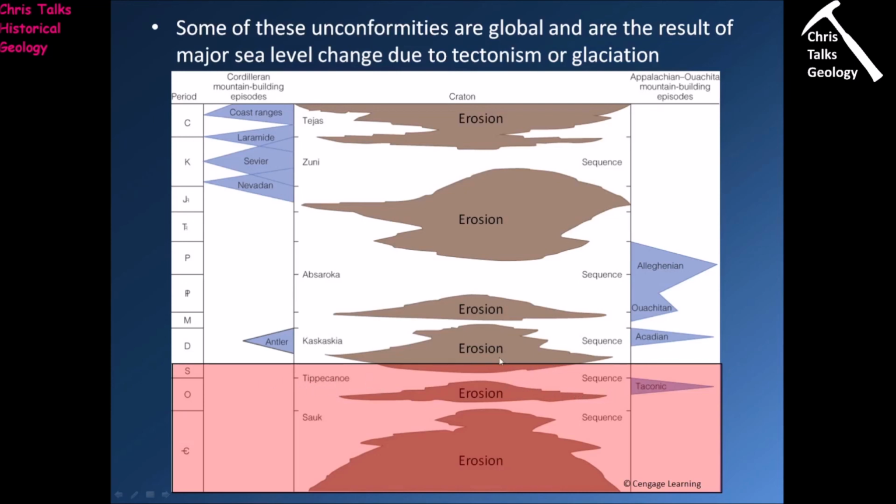Then we have a regression, a period of erosion again, then another transgression that's going to form the Kaskaskia, another period of erosion, then another transgression that's going to lead to the formation of the Absaroka sequence, another period of erosion, then the Zuni sequence being deposited, another period of erosion, then the Tejas sequence being deposited, and then finally, steadily the seas have retreated until we're back to our modern coastline. So this represents the modern east coast of North America, and this represents the modern west coast of North America.